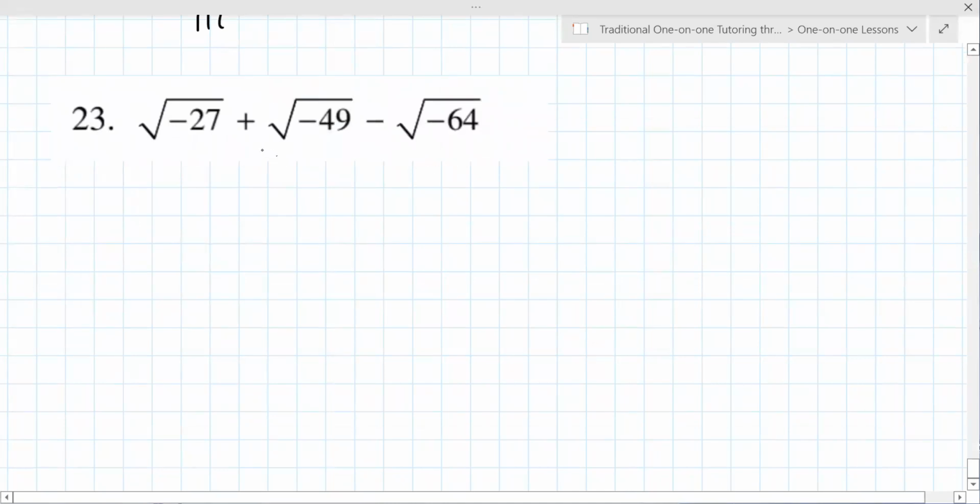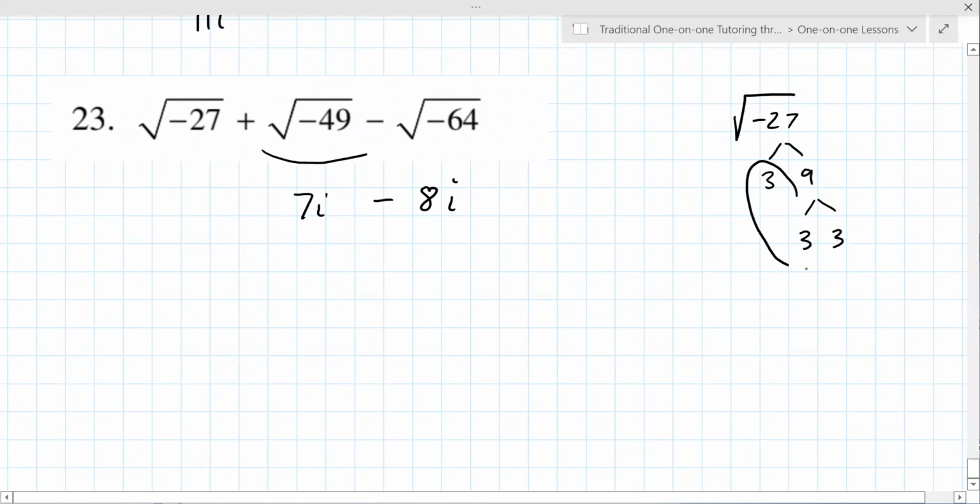So the last two here, you probably know it's 7i minus 8i. But this minus square root of -20 and minus square root of -27, you've got to break it apart. And we haven't looked at one yet where 2 didn't work the first time, but 3 does. So there's one pair of 3s that comes out, and there's a 3 that's left over.